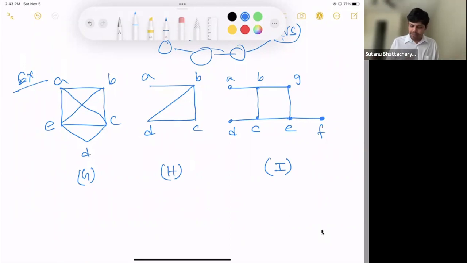So for this graph G, you will see, what is a Hamiltonian circuit? You need to find a simple circuit that covers all vertices exactly once. So for this graph, you may think, okay, I start my journey from here, then here, then here, then here, then here. So this is a simple circuit, and it passes through all vertices exactly once.